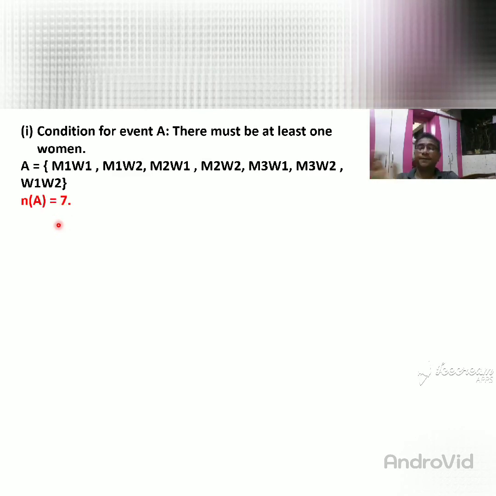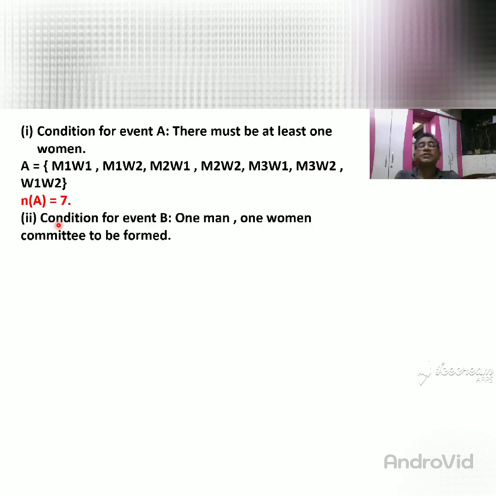This is event A. Then we go towards event B. What will be event B? In event B, one man and one woman. So in the committee there is only one man and one woman. You do not write more than one man, that means you do not write only a men's committee or only a women's committee. You must have a man and a woman also.